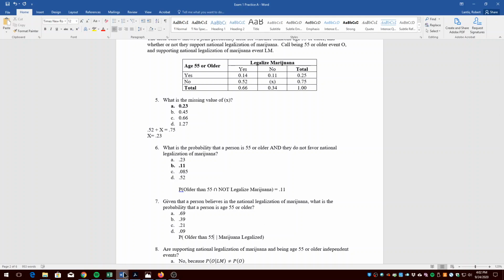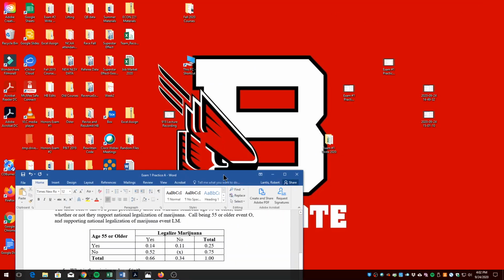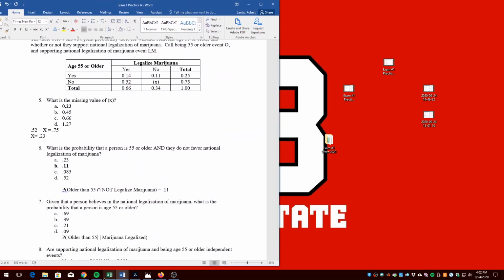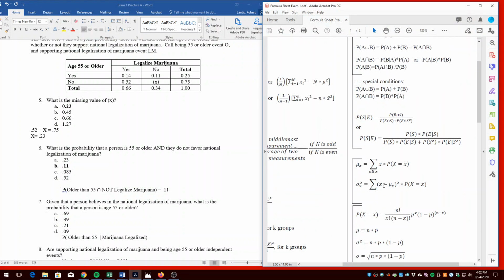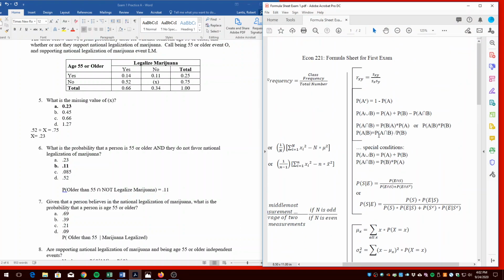So I go to my formula sheet, and I remember that a conditional probability is just the intersection of the two events divided by whatever I'm conditioning on.